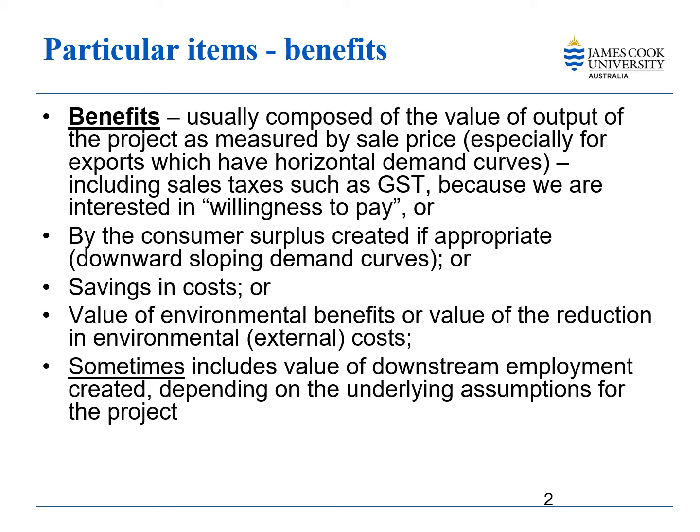So the value of this biodiversity is one item of benefit. Sometimes it can also include the value of downstream employment created. And this actually depends on the underlying assumptions of the project.